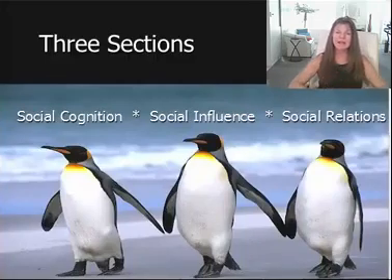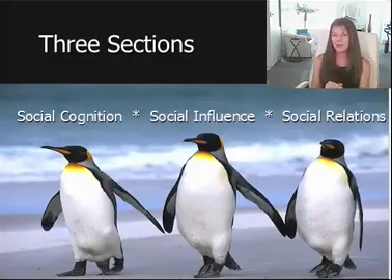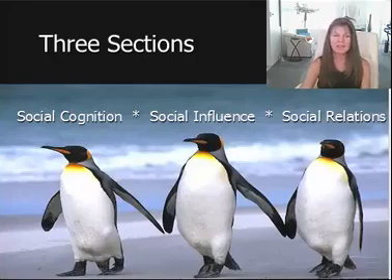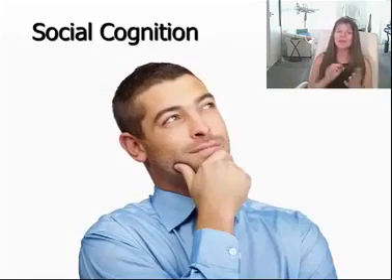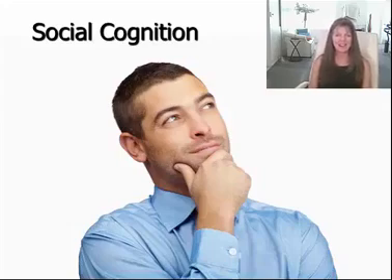This class is divided into three distinct sections: social cognition, social influence, and social relations. Social cognition. Cognition meaning thought processes, right? So social cognition is how you think about yourself and others.